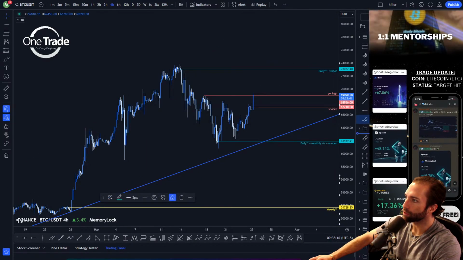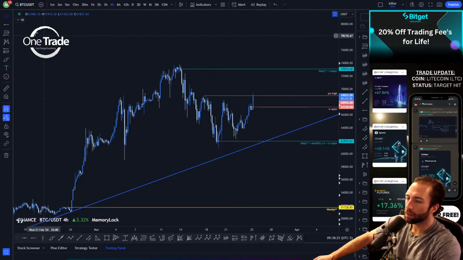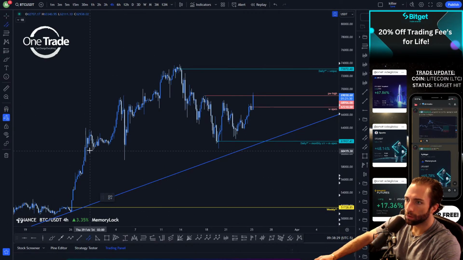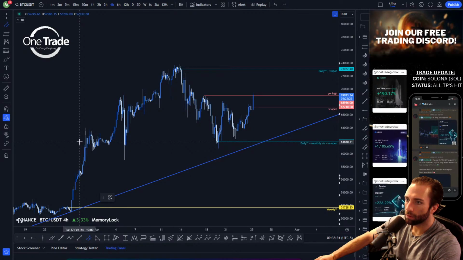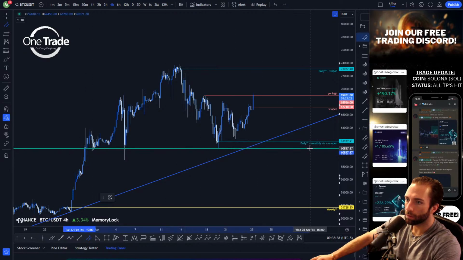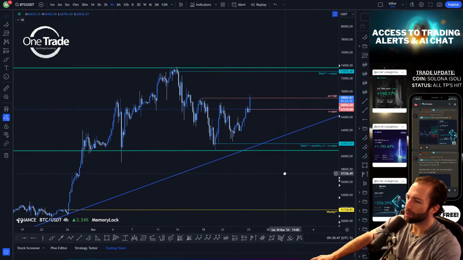Do I really not have that channel drawn out? I think the case can be made that we are very much in a range. You can see that the midline, the bottom, and the top are very well respected.